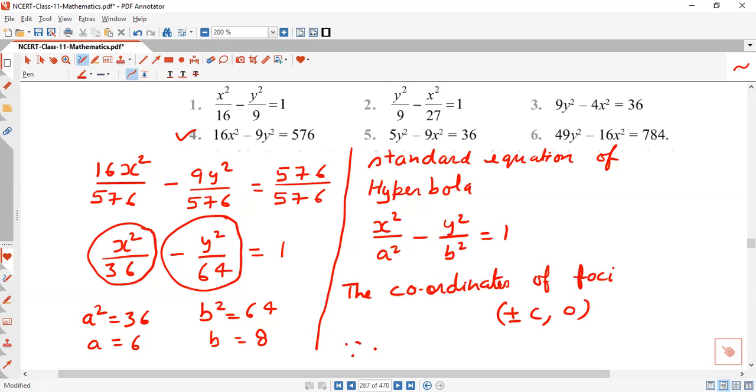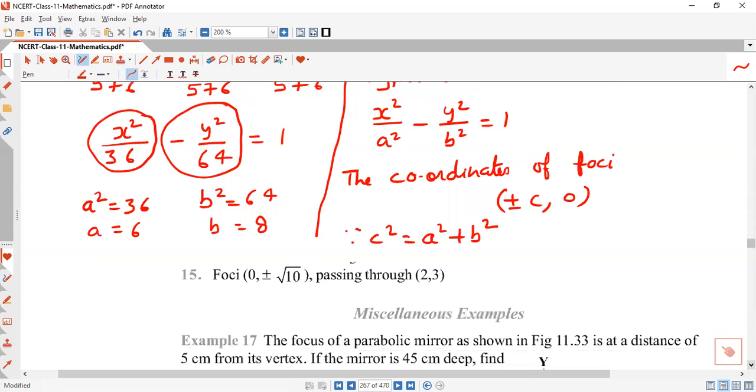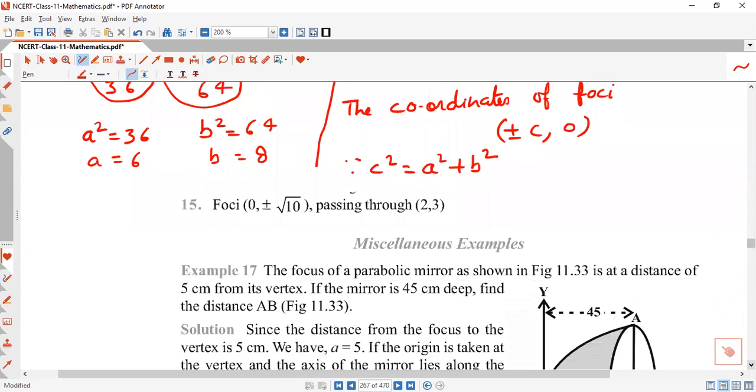Now we know c square equal to a square plus b square in case of hyperbola. In case of ellipse, c square is equal to a square minus b square, but in case of hyperbola, it is a positive value: c square equal to a square plus b square.